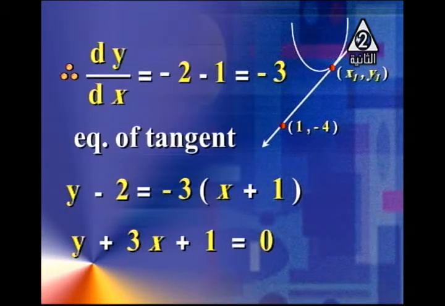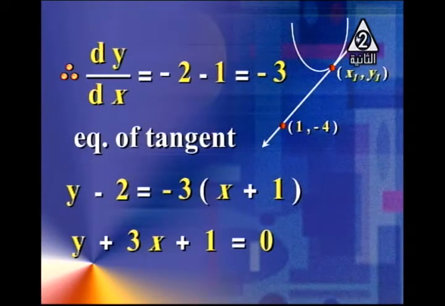Remember, x1, y1 has 2 points. The first is x1, y1 in the last equation, and in the second equation x1 equals negative 1 and y1 equals 2.